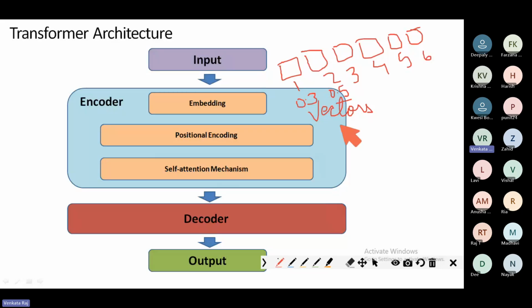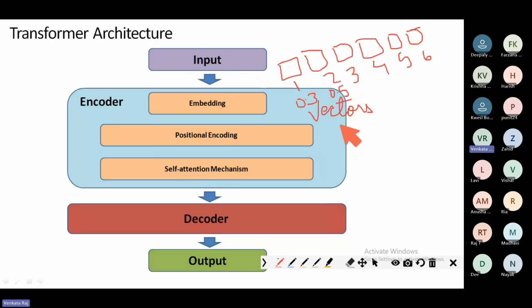So that positional vector is assigned, and based on those positional vectors, the self-attention mechanism comes into the picture. It will find out the relationship between all of them, what kind of reference exists between all those tokens, what the context is, and who all are falling into the context.